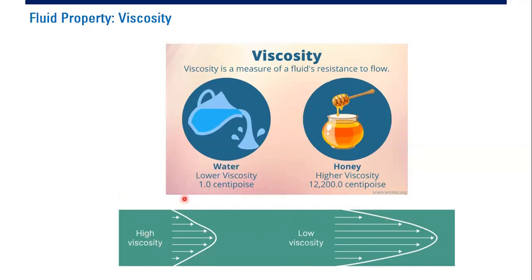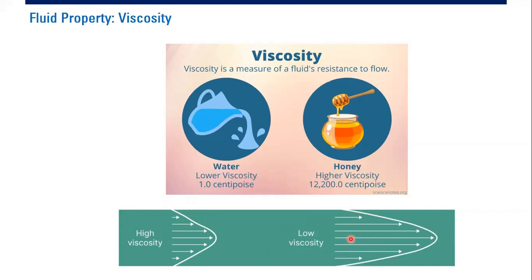This is the profile for high viscosity. And this is the velocity profile coming from the low viscosity fluid. Of course, low viscosity will result in a higher velocity profile and higher velocity.